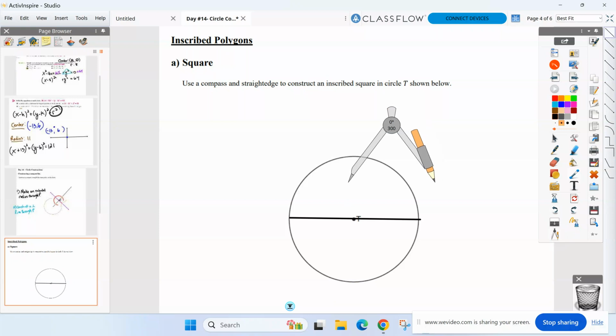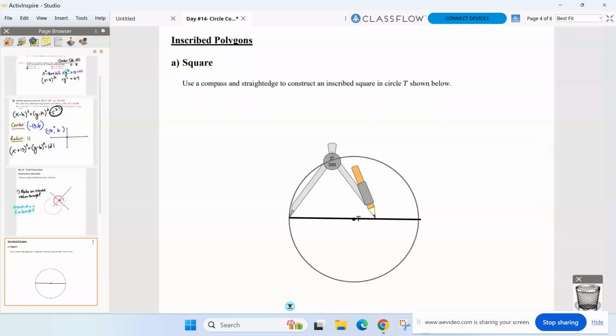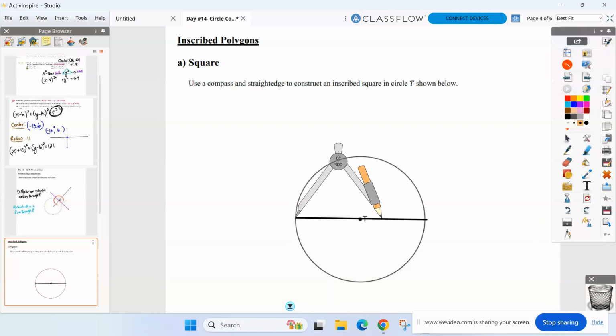Ready? Take your compass, put it on one endpoint, open it up more than half the length. Make a decent size arc, right? Keep your compass open the same opening.